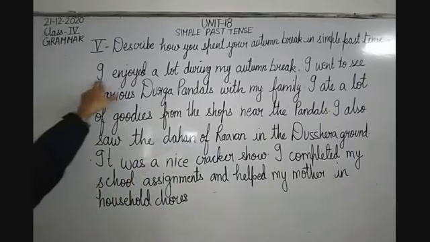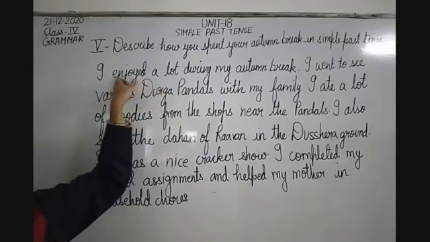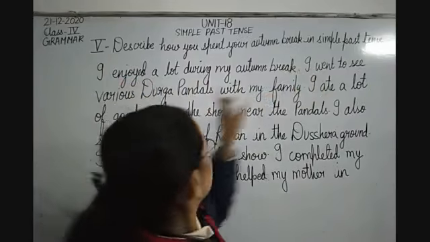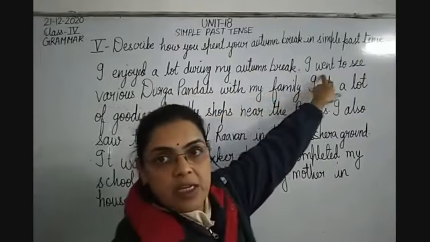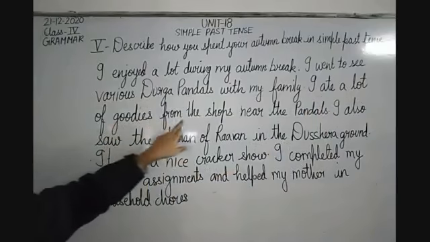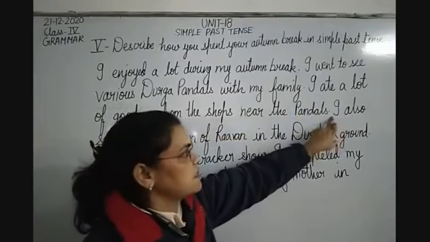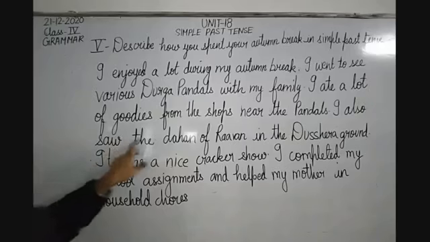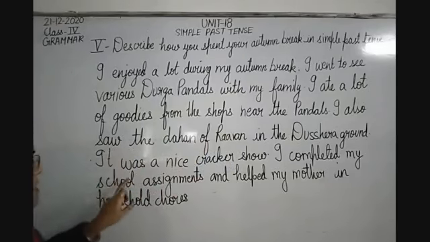autumn break. So I enjoyed a lot during my autumn break. Enjoyed is in past tense. I went to see various Durga pandals with my family. Went again in past tense. I ate a lot of goodies from the shops near the pandals. Again, ate past tense. I also saw the Dahan of Ravan in the Dashera ground. Saw again in past tense.